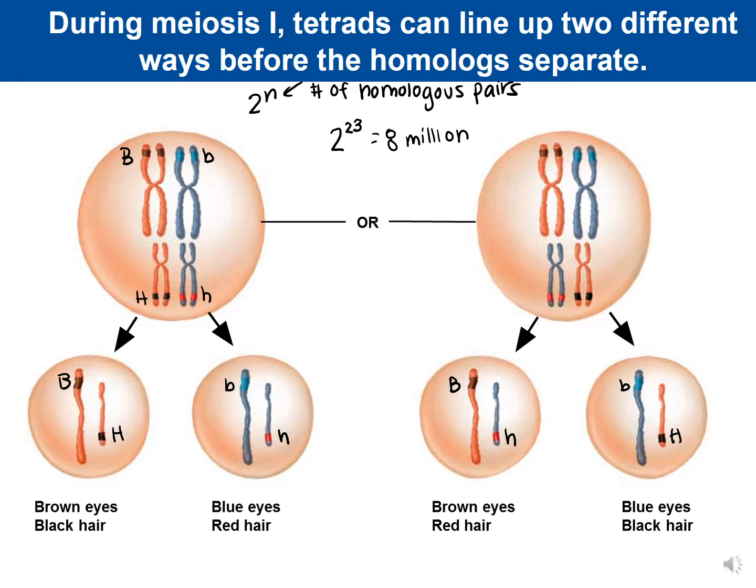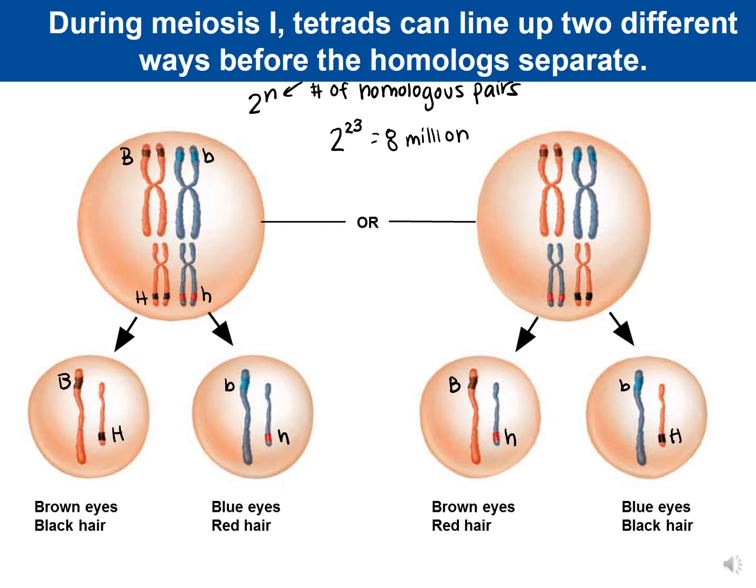If two eggs are released and both get fertilized and both of those fertilized eggs implant, you end up with fraternal twins. Fraternal twins have no more in common than any other two siblings, because they're each a unique egg and a unique sperm. So they have just as much genetic variation as any other two siblings. The only difference is they share a birthday.